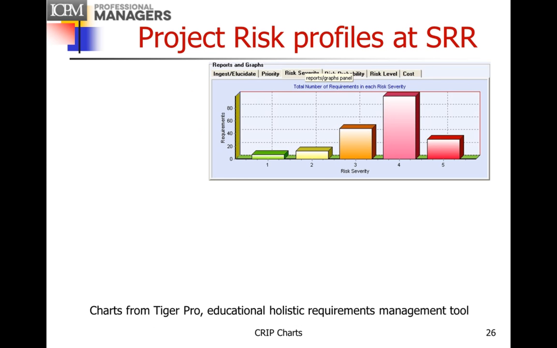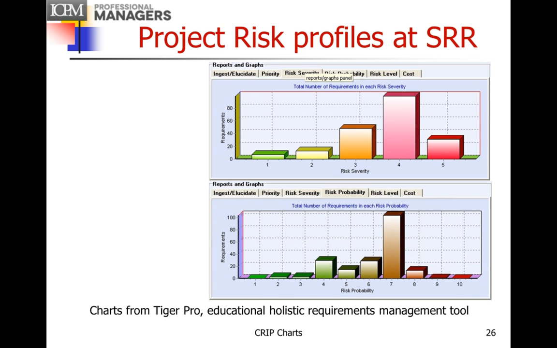So for example, here's a risk profile at System Requirements Review. You can see that there are a large number of requirements in risk severity 4. Or over here on this one, there's a large number of requirements in risk probability of occurrence 7.